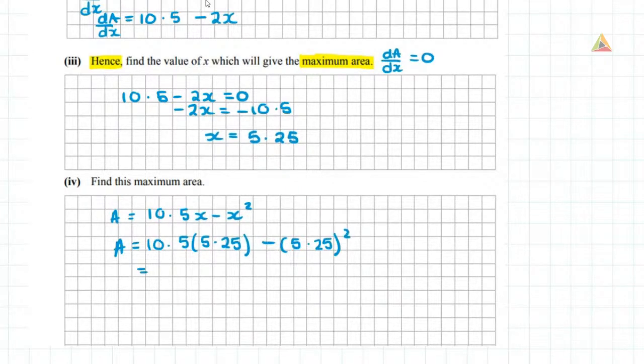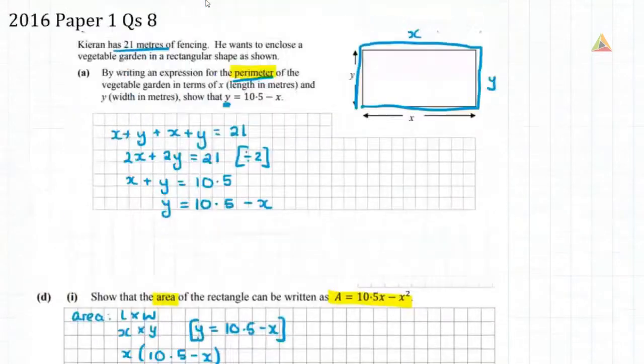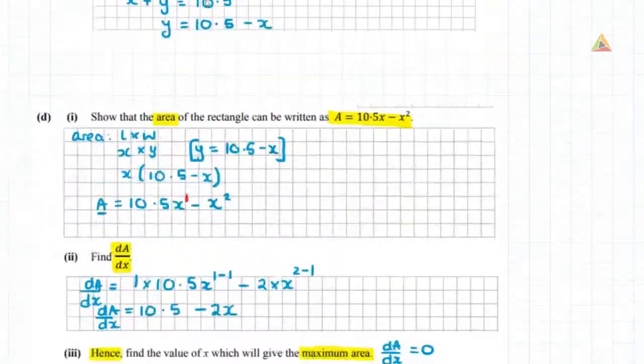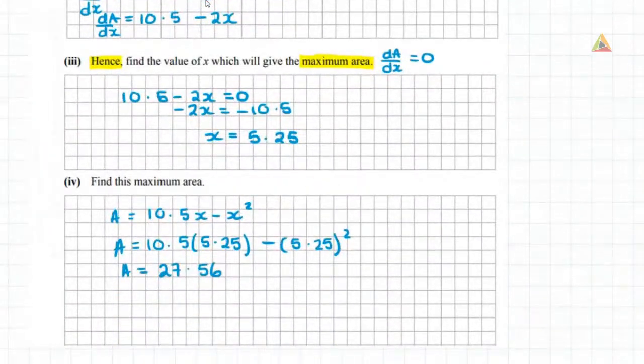And when I put that into my calculator, I'm going to get my area is equal to 27.56. And at the very beginning, we were told that he had 21 metres. So we're just going to put in our units for these last two parts. So x is 5.25 metres at the maximum area, and the maximum area is 27.56 metres squared.